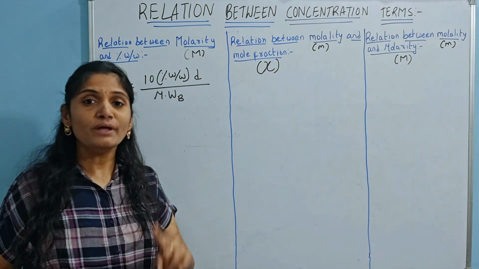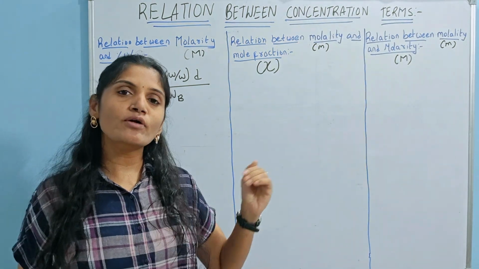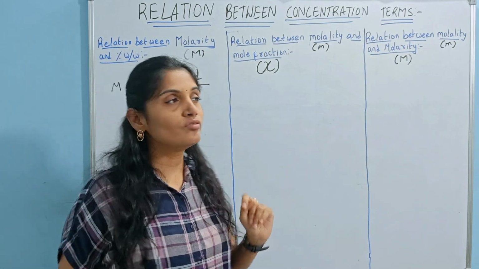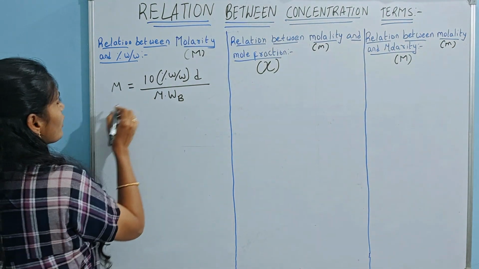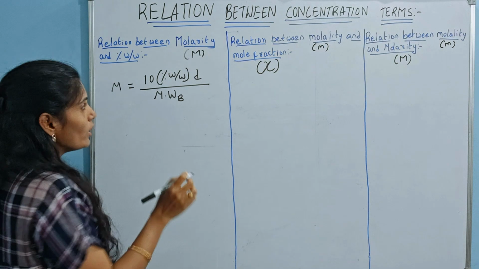Now whenever I use alphabet B here, it is for solute, and whenever I use alphabet A, it is for the solvent. B is for solute and A is for solvent. M is for molarity, you people already know.